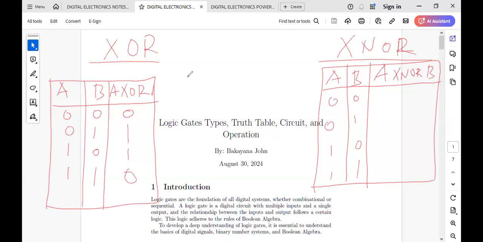XNOR outputs 1 if the inputs are the same, and outputs 0 if the inputs are different. Let me give just 1 minute for you to comprehend that. Is that okay?